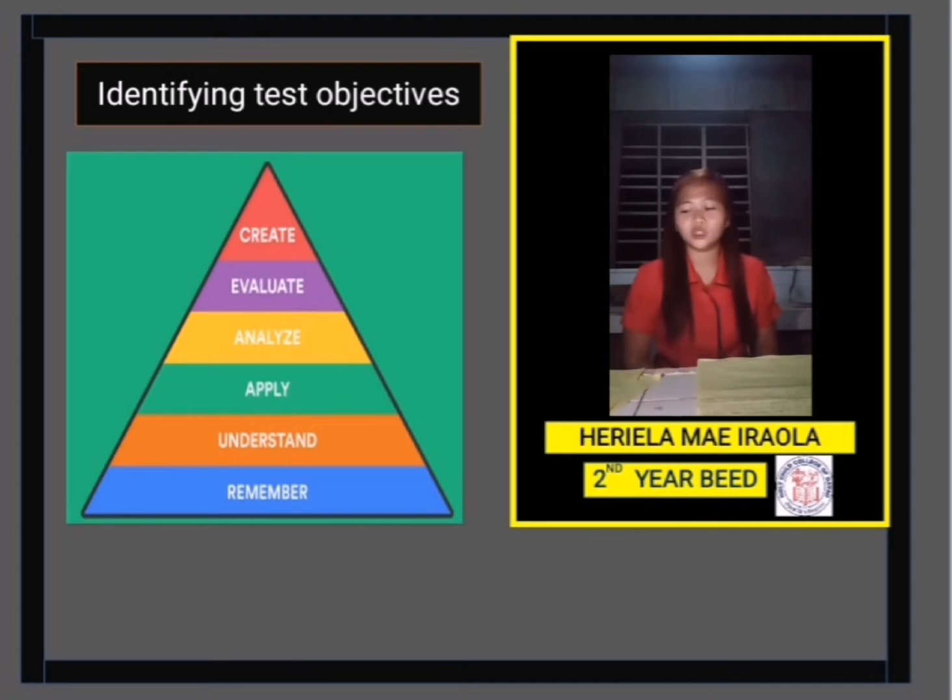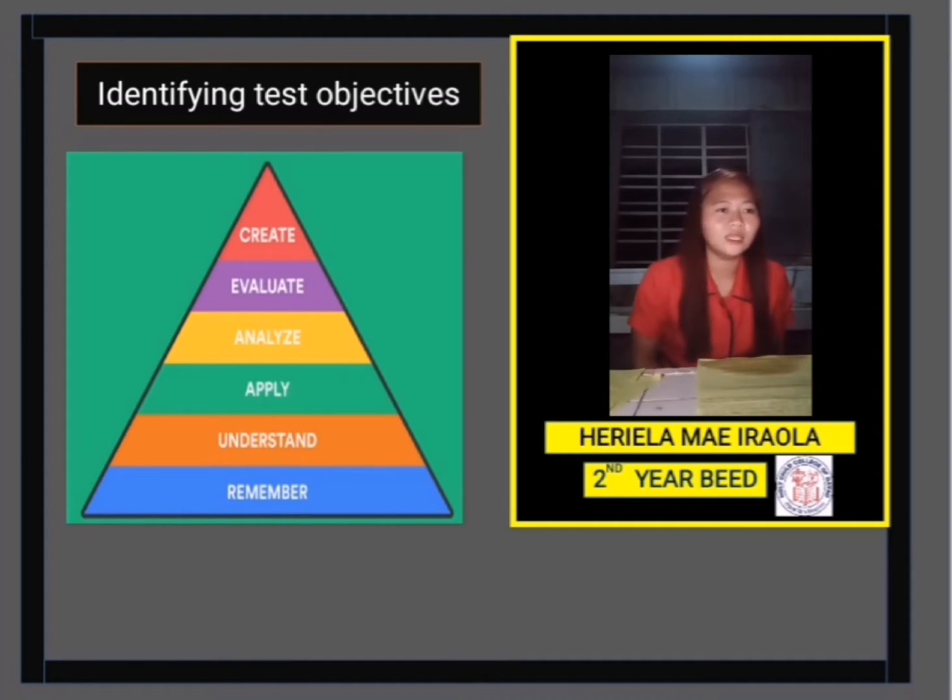In analyzing, the student must be able to break down a given sentence into its subject and predicate. So it is breaking down information into its component parts.